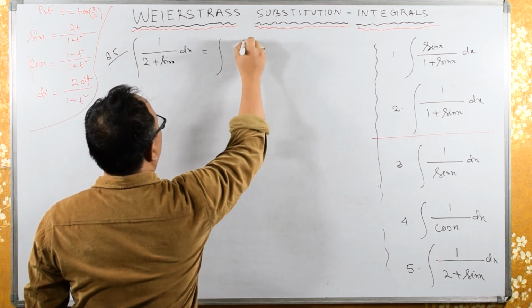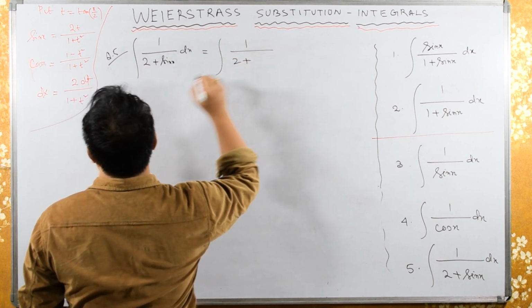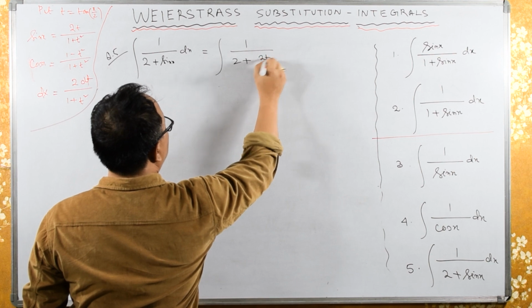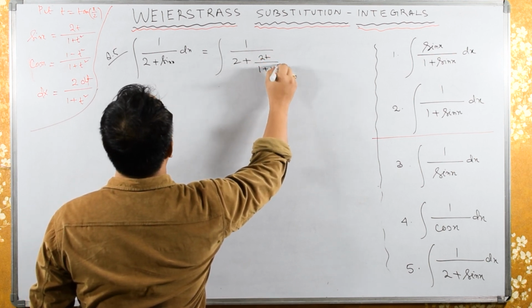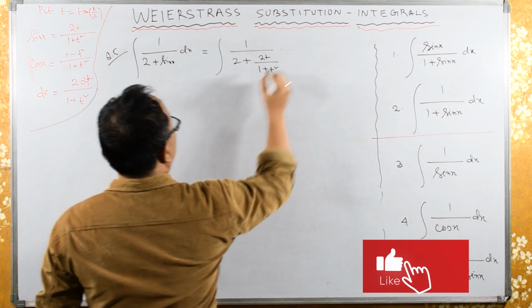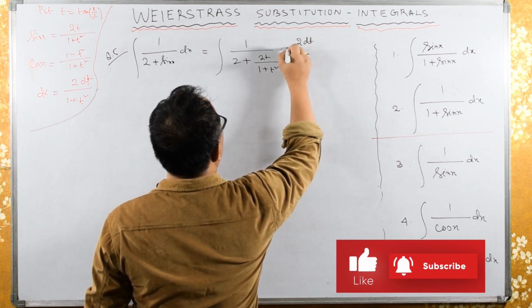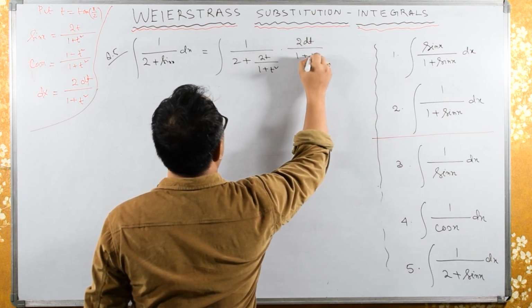1 upon 2 plus sin x is what? Sin x is twice t upon 1 plus t square, and dx is 2 dt upon 1 plus t square.